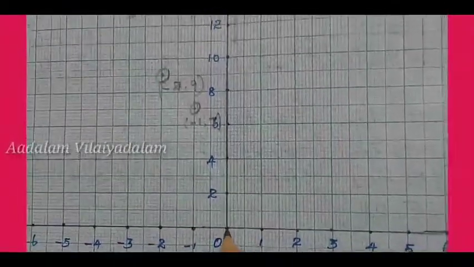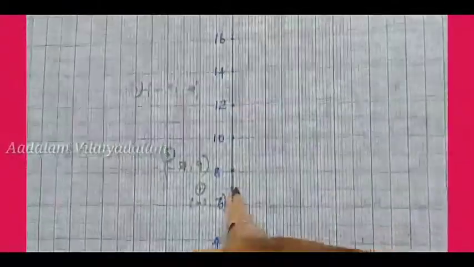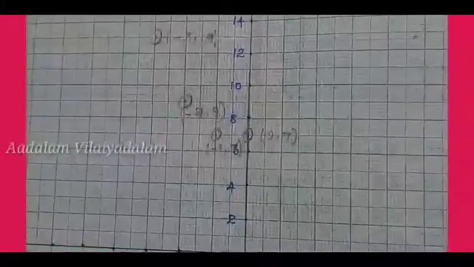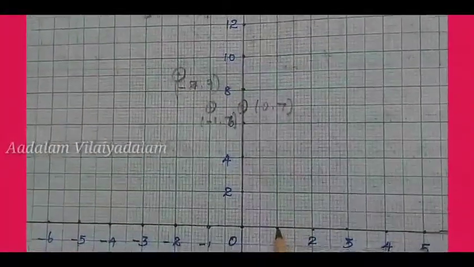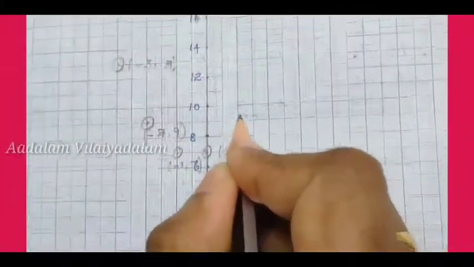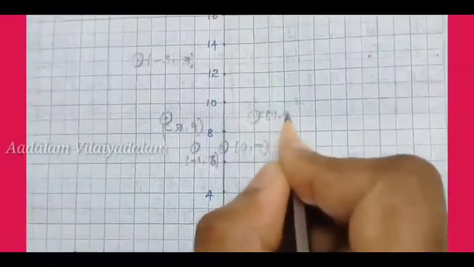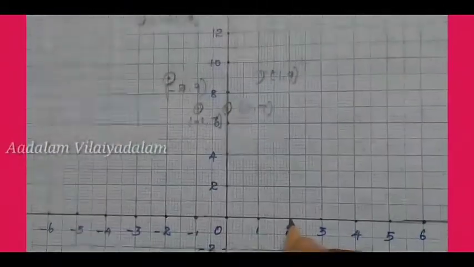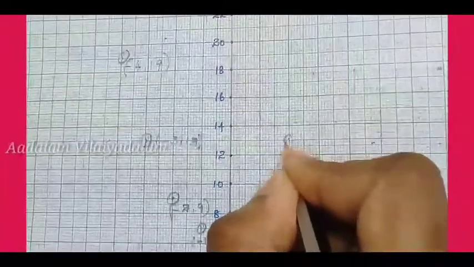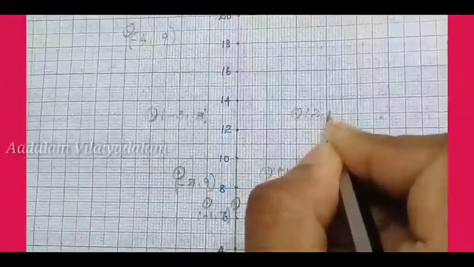0, 7, here only. 1, 9. So on the x-axis 1, on the y-axis 9 here. 2, 13. This is 12, and 13 here.